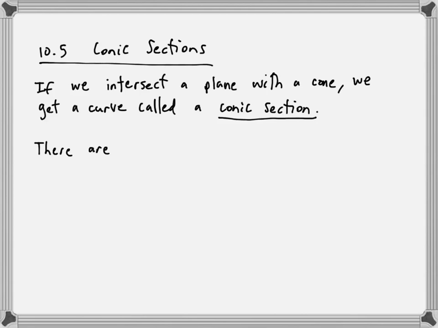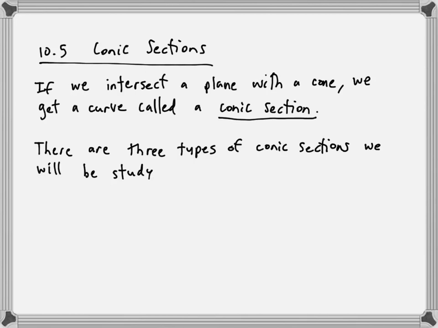So there are three types of conic sections we will be studying. Those three are parabolas, ellipses, or ellipses, and hyperbolas.